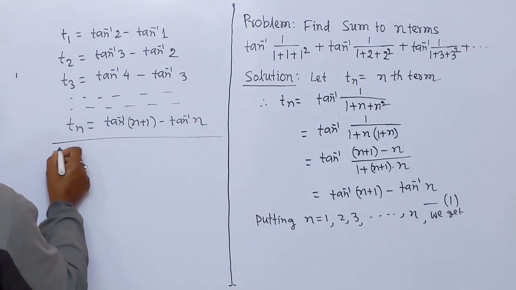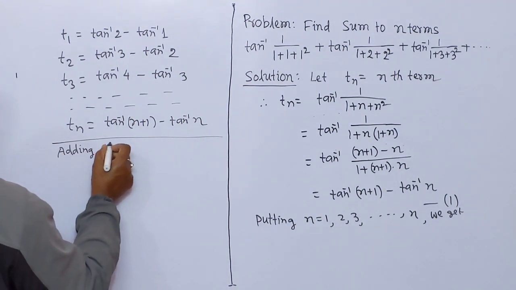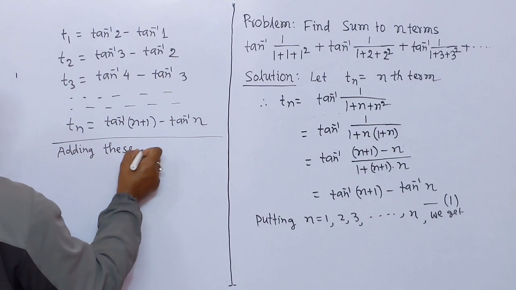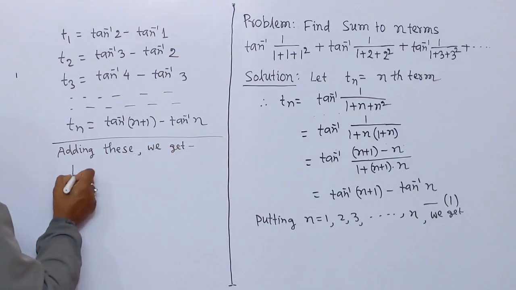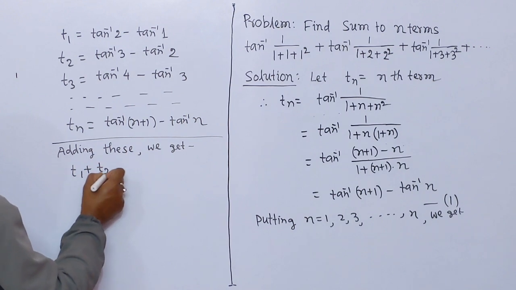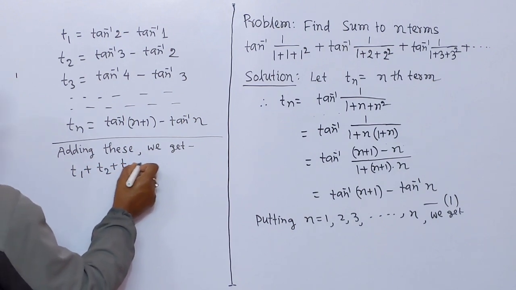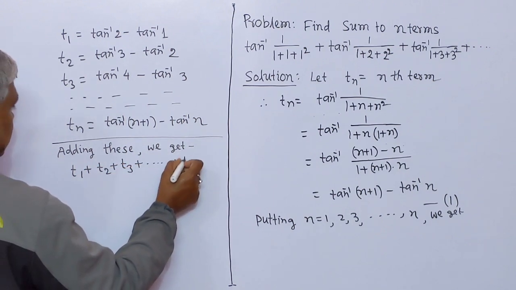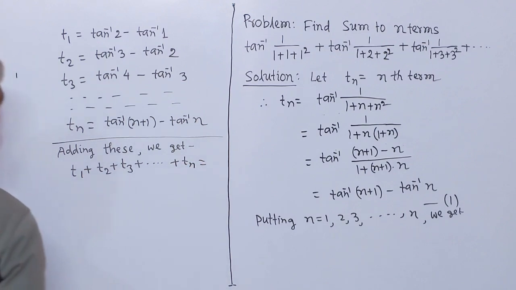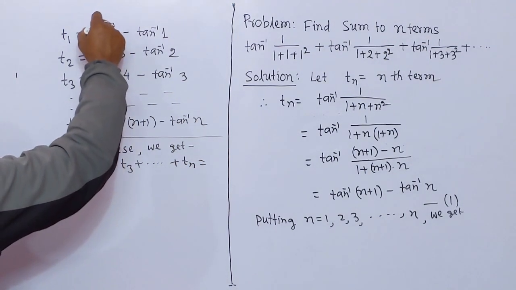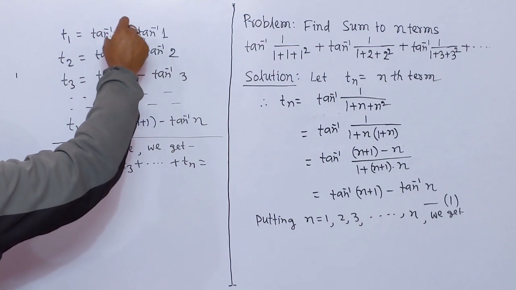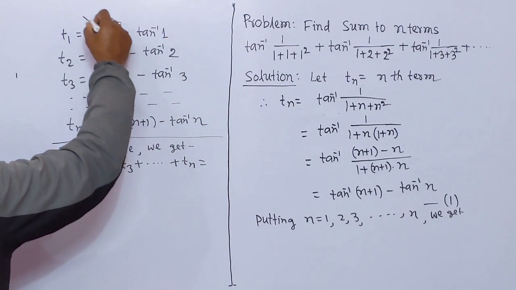Adding these, we get T1 plus T2 plus T3 plus dot dot dot plus Tn equal to, we add, this is positive sign tan inverse 2 and tan inverse 2 negative sign. Cancel.